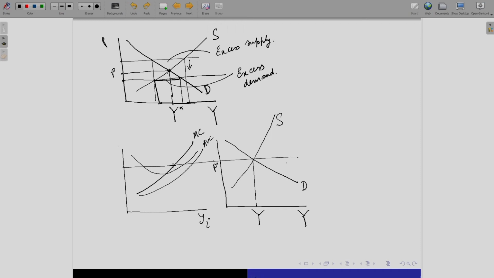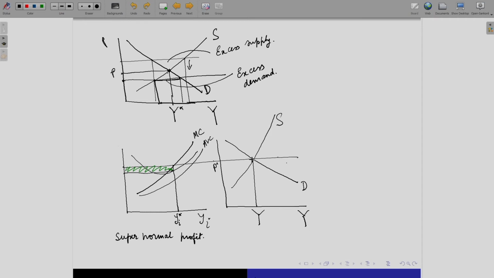Then each firm is producing this much amount of output, right. Here this is the average cost at this output. So firms are making this much amount of profit. This profit is positive. This situation is called firms making something called supernormal profit.